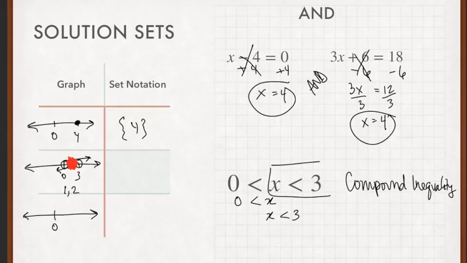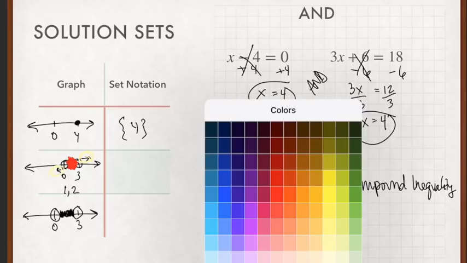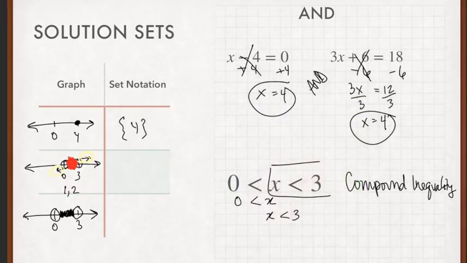And so to graph that situation, and I'm going to take the graph out just to make it a little bit more clear, the way you would do that is simply graph both situations, but shade the area in between. You would completely ignore the arrows that are going in the opposite directions because those solution sets are not intersecting each other, therefore they cannot be part of the solution set of this system.